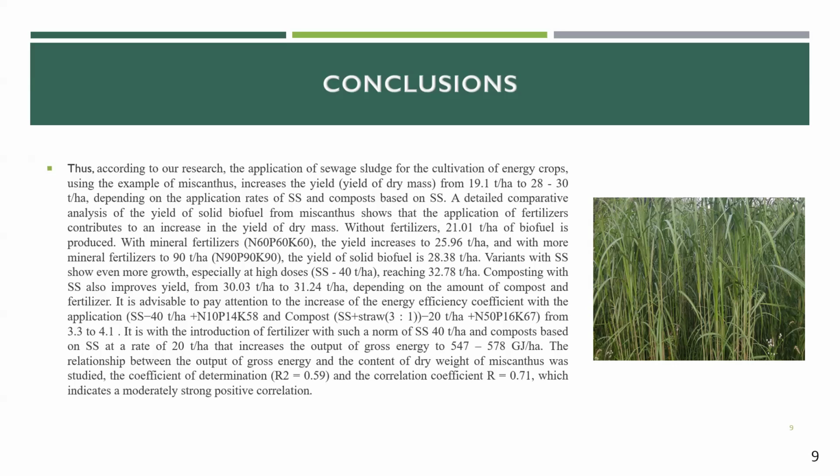It is advisable to pay attention to the increase of the energy efficiency coefficient with the introduction of fertilizer with such a norm of CC, 50 tons per hectare, and compost based on CC at the rate of 20 tons per hectare, that increases the output of gross energy to 547 per hectare.